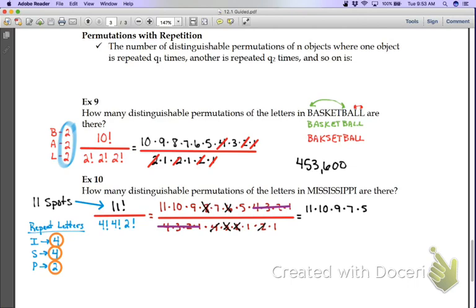Okay? Because everything else down here goes away. So what do we come up with? 34,000. What was the rest of it? 650. 650.